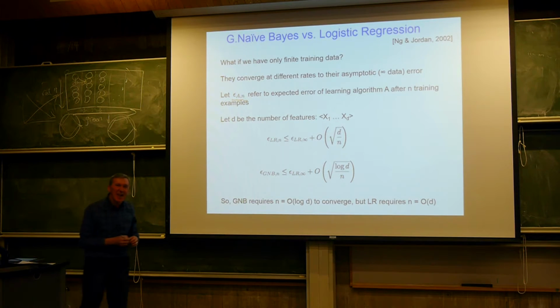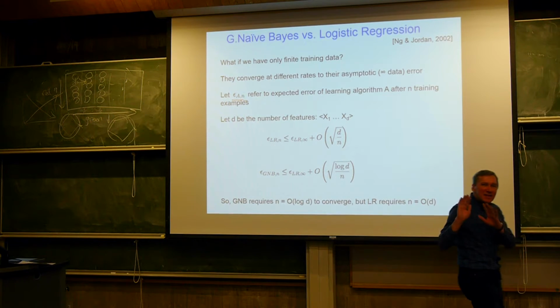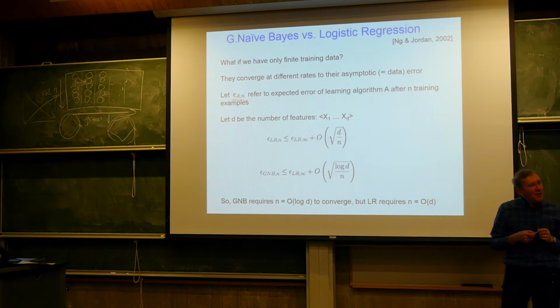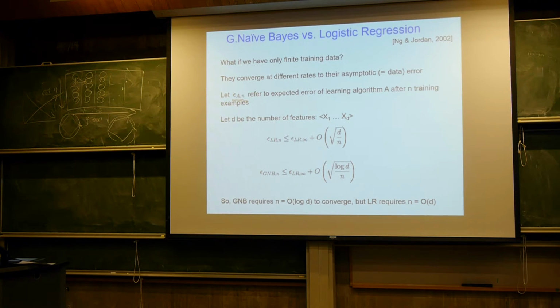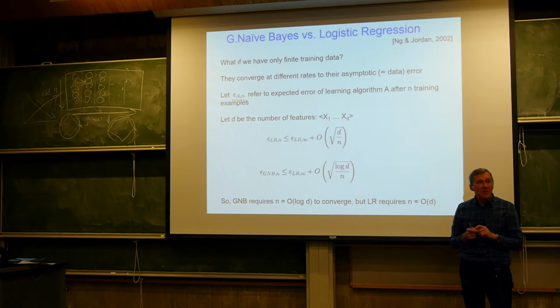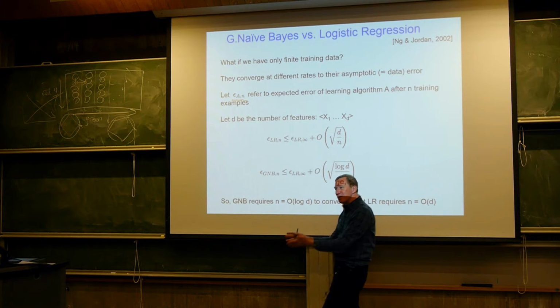Okay, so now the previous discussion was in the infinite data case. So is there anything we can say about how quickly, in terms of training data volume, these different algorithms converge toward their infinite data solutions?